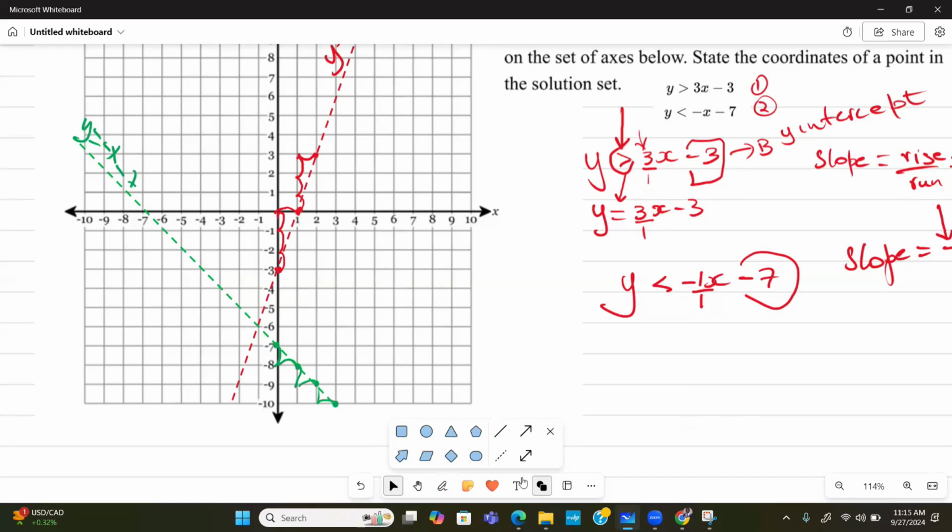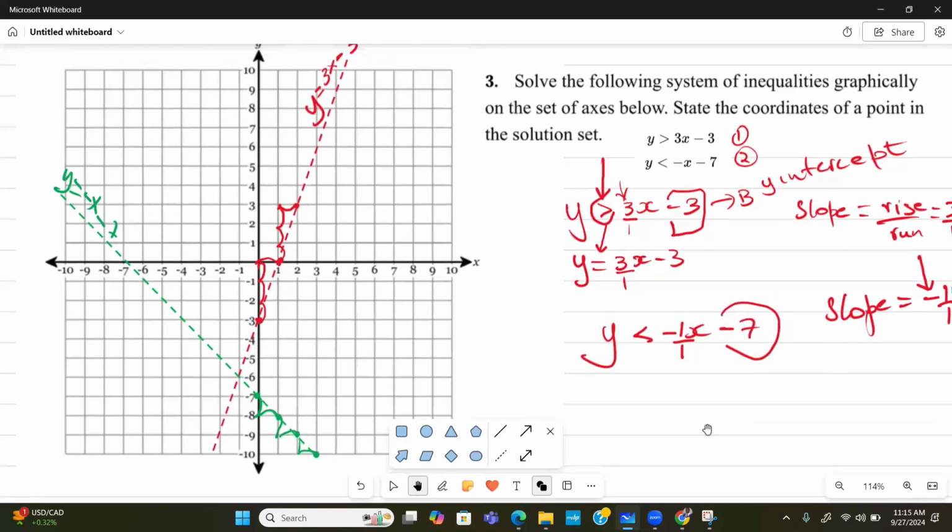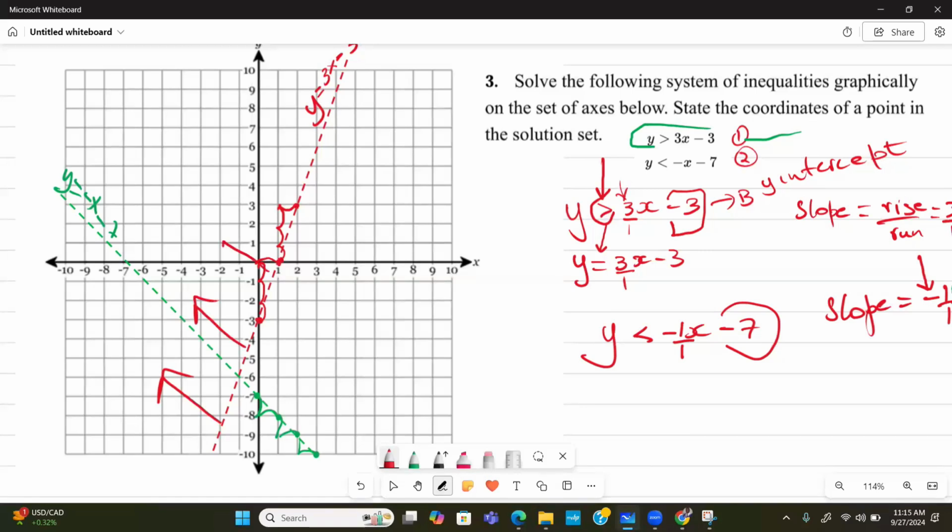Now, in order to know the region of solution, we have to shade. Bear in mind that for number one, in this case here, it says y is greater than. So that's my red line. I'm going to be pointing on top. So I'm pointing this way, above the line, right?